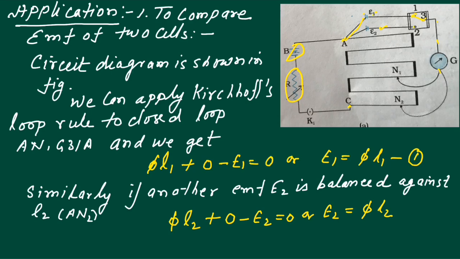This is equation number 2. On dividing equation 1 by 2, we obtain E1 upon E2 equal to L1 upon L2. With the help of this relation, we can compare the EMF of the two cells.